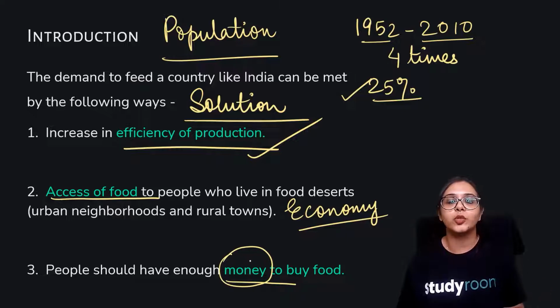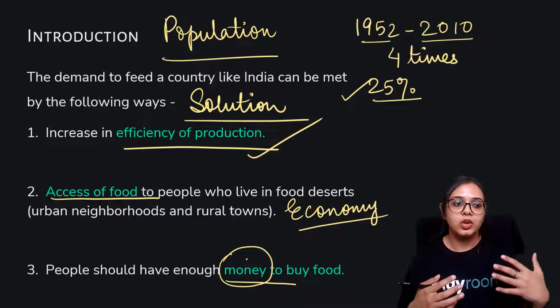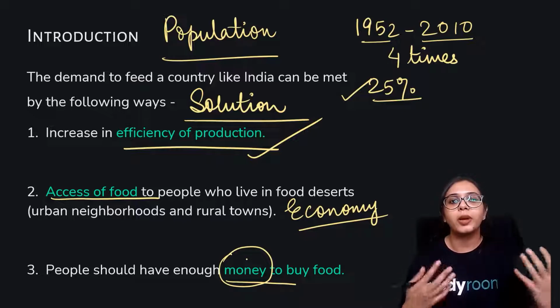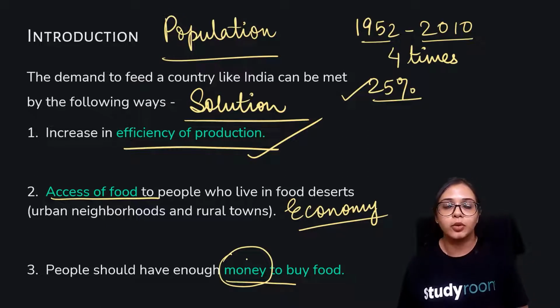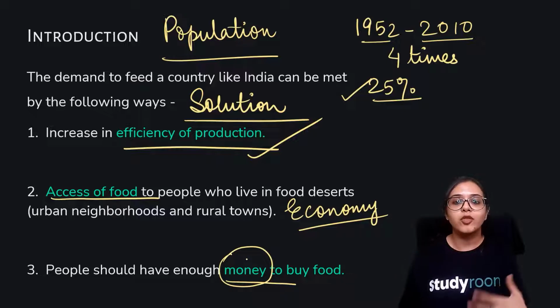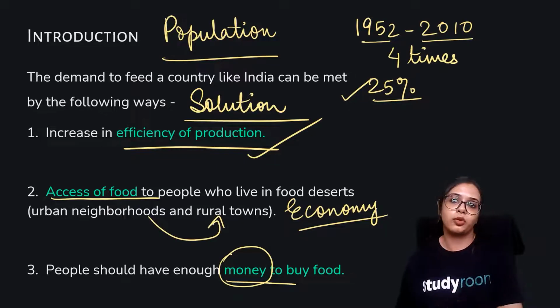And the other way in which we can increase accessibility is in rural areas, where there may not be any modern farming techniques, or any other places where they can obtain the food required to feed the increased population in those rural towns. So we have to ensure that the food being produced in other urban neighborhoods is also reaching those rural towns.